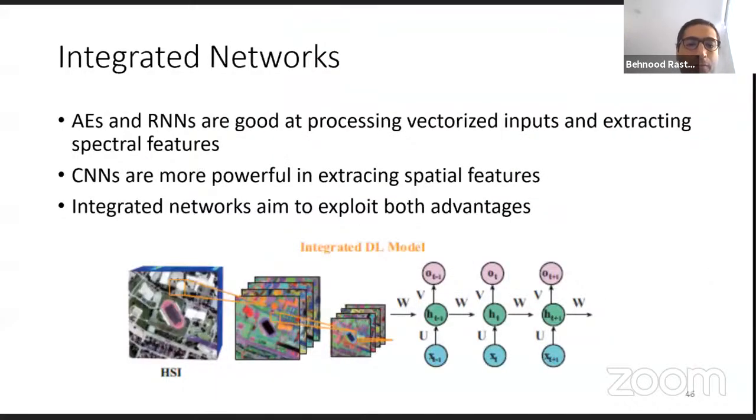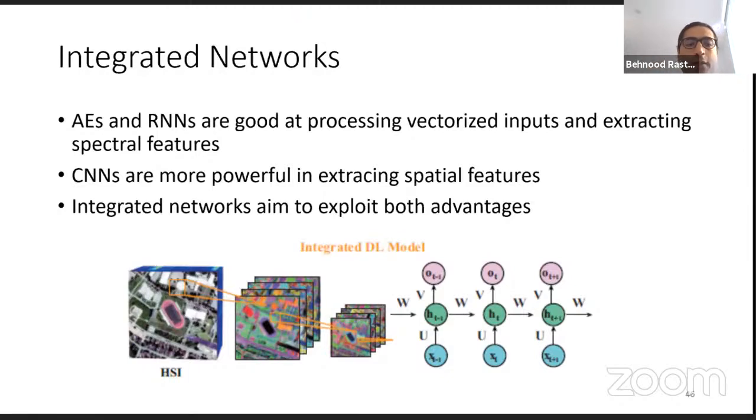So now that we covered all the basic networks, we move on to integrated networks. Each of these networks has its advantages and disadvantages. For instance, autoencoders and recurrent neural networks are good at processing vectorized inputs and extracting the spectral features.